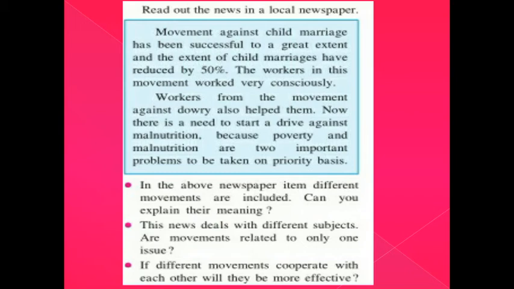They adopt policies taking into consideration the interest of all farmers, laborers, businessmen, women, youth, and senior citizens. This is all about what we studied in the last chapter and what we are going to begin in this particular chapter, movements.